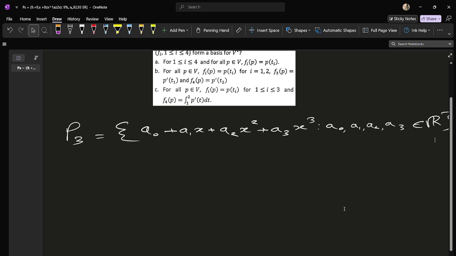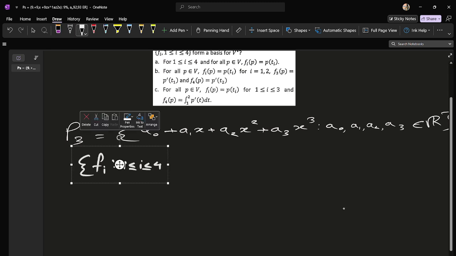In general, for checking whether a set fi, 1 less than or equal to i less than or equal to 4, forms a dual basis, I want to write that in this manner.